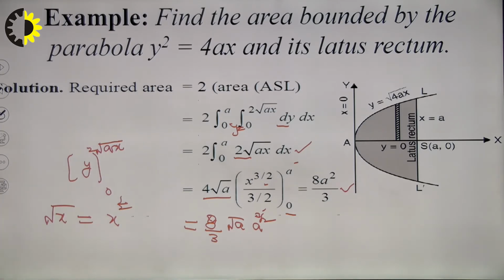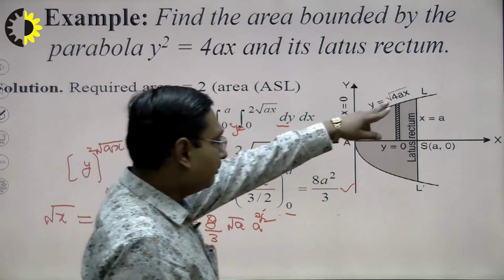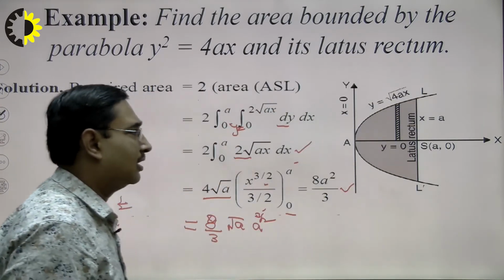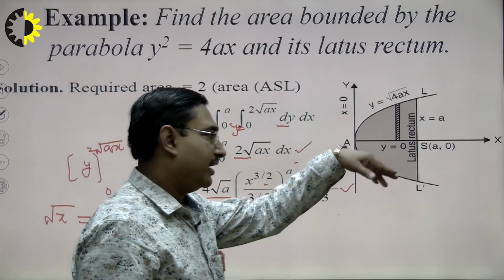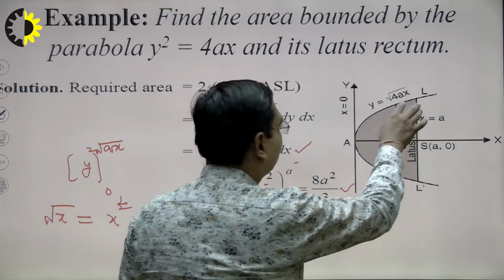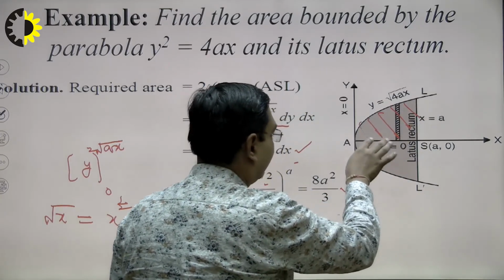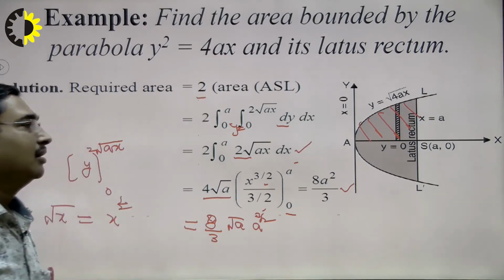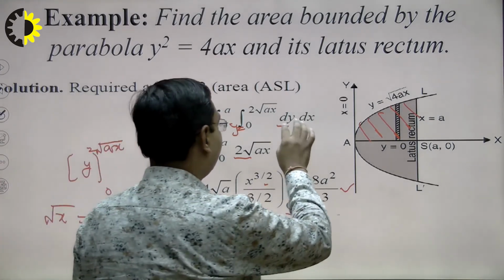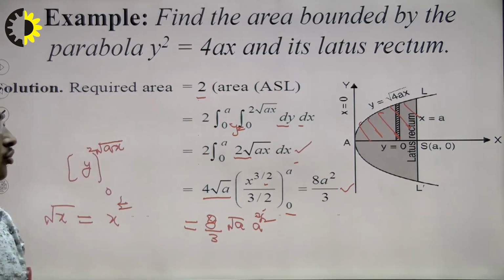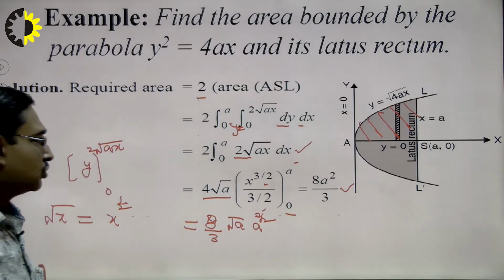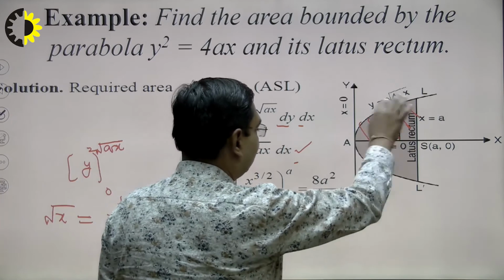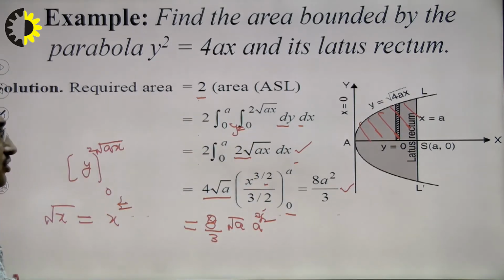Let me sum up once again. We were to find the shaded area. We have observed that the area is symmetrical about the x axis. Therefore, I have calculated the area above the x axis by double integral, and the result was multiplied by 2. Because area is nothing but double integral over region dy dx. So, this region was used to find limits of the double integral.